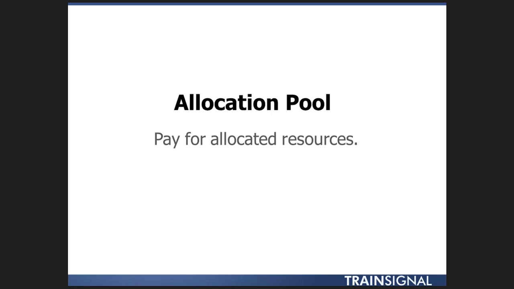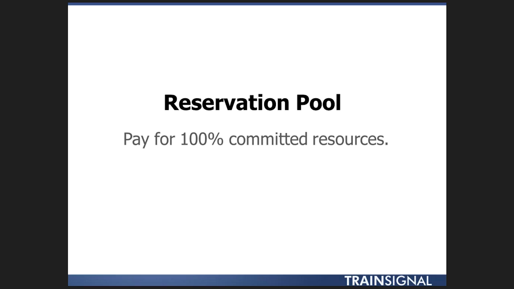Along the same lines, the last type of virtual data center allocation is the reservation pool. This is where you pay for 100% of the committed resources. So the difference between the allocation pool and the reservation pool is simply that one is more dedicated than the other.